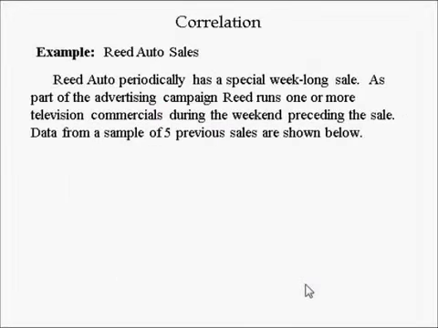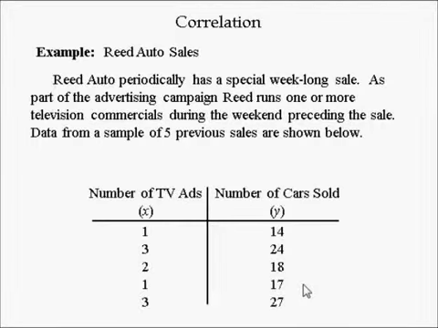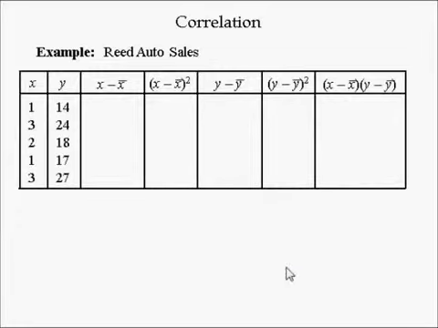Reed Auto Sales has figured out that the more they advertise, the more cars they generally sell. According to the sample of data they have collected, the company sold 14 and 17 cars when it ran one TV ad, sold 18 cars when it ran 2 TV ads, and sold 24 and 27 cars when it ran 3 TV ads. The sum of variable x's observations yields 10 TV ads.